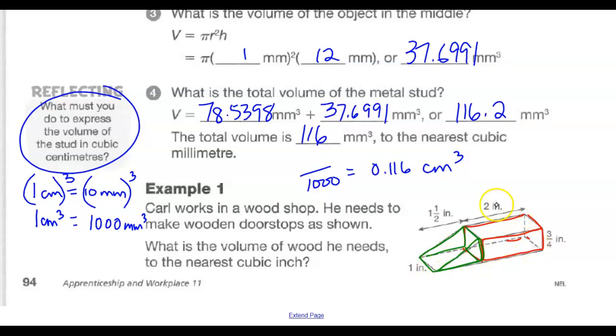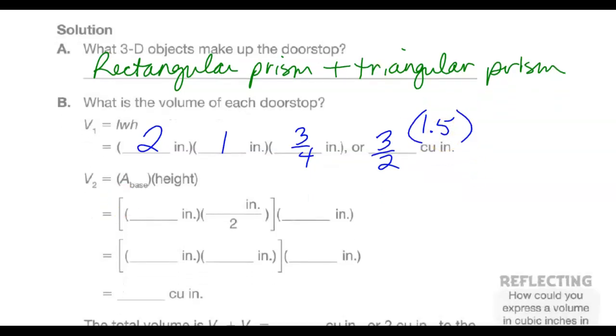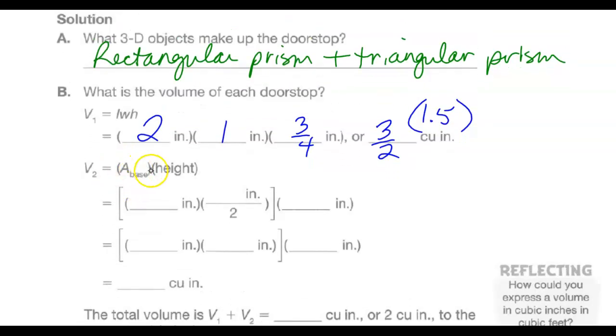It's the same all the way along. 2 times 1 times 3/4. Now you might be able to do that in your head, right? That's going to be 6/4, which is 3/2 cubic inches, which is 1.5 if we use decimals. Okay, so then the triangular based prism is the area of the base times the height.